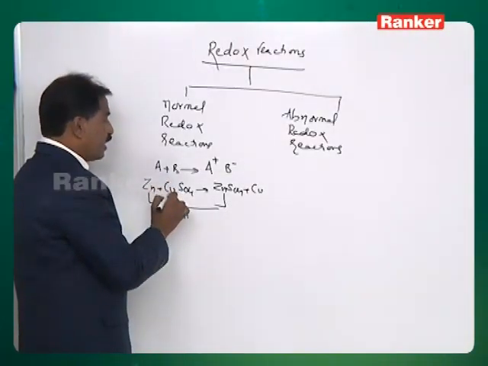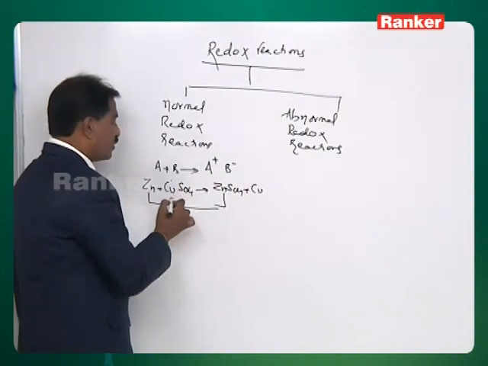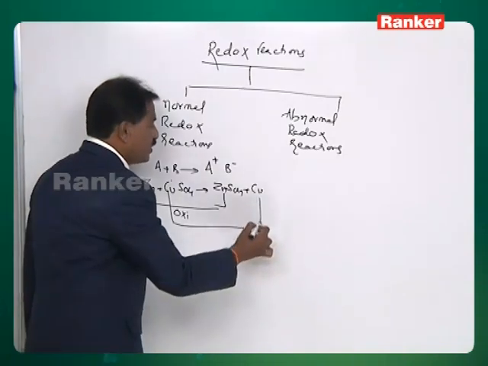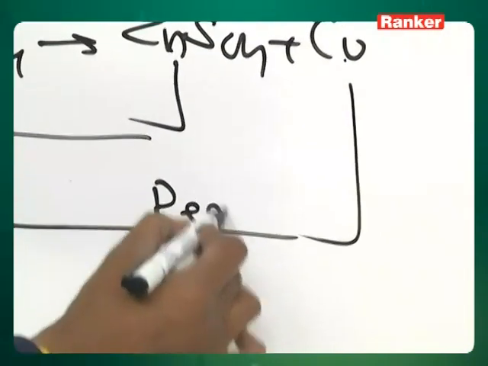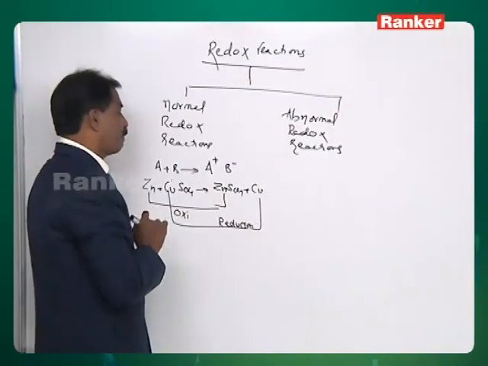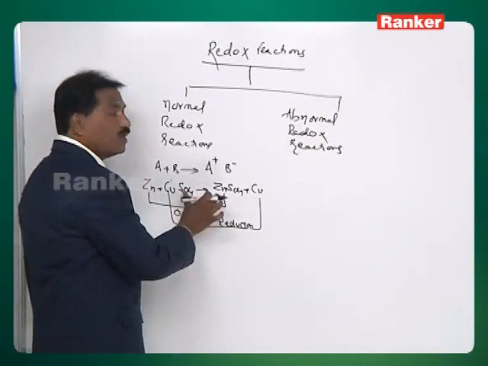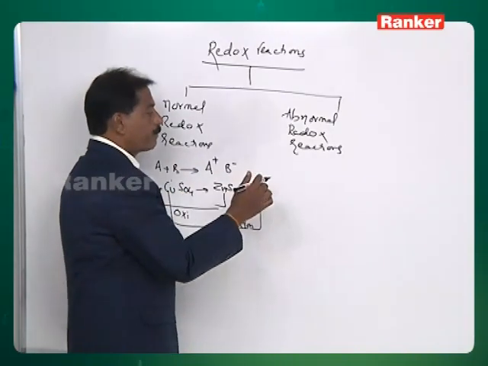Next, copper is gaining the electrons. See, Cu2+ is getting converted into copper. Therefore, since copper is gaining the electrons, we can say copper is undergoing reduction. That means in this reaction, totally two different species are undergoing the oxidation and reduction.